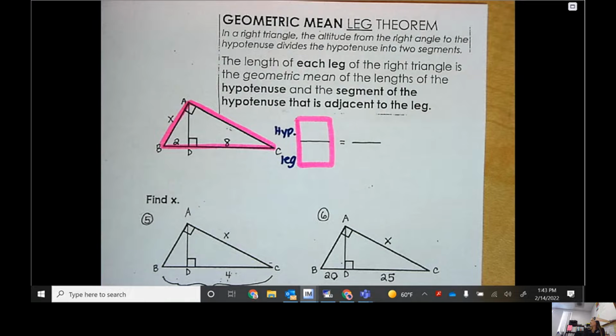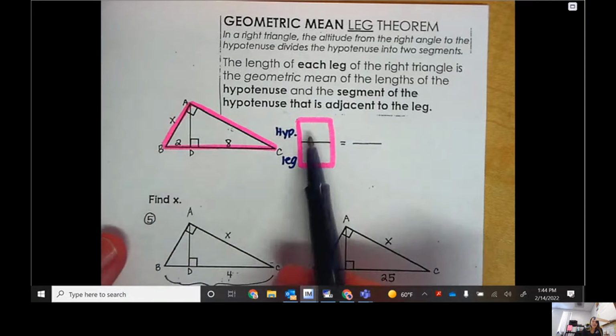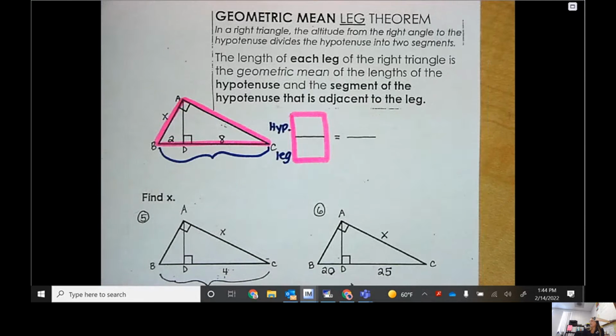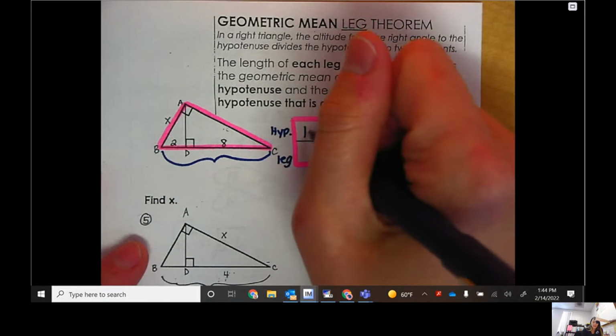So if you're looking at this pink triangle, which side is the longest side of the triangle? BC, right? It's across from the 90, BC. Now, I need the full hypotenuse. What's the whole hypotenuse? 10. How'd you get that? Because the two sections of the triangle are 2 and 8, and you just add them together, you get 10.